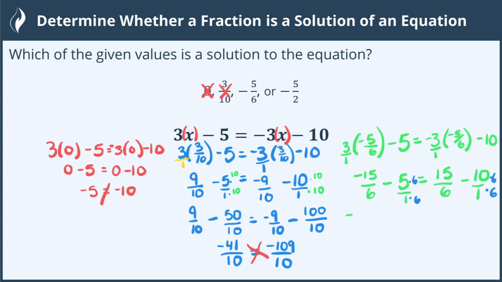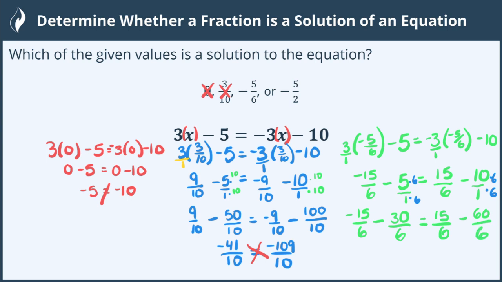So I have negative 15 over 6, subtract 5 times 6 is 30, 1 times 6 is 6, equals 15 over 6, subtract 10 times 6 is 60 over 1 times 6 is 6.